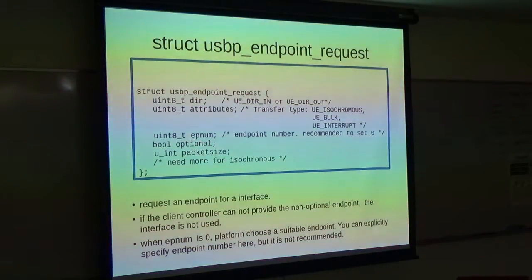If you don't mark it optional, and the framework can't provide the requested endpoints, that interface is not going to that device. And you can specify a packet size for the endpoints. If we support isochronous transfer, we'll need more parameters from here.